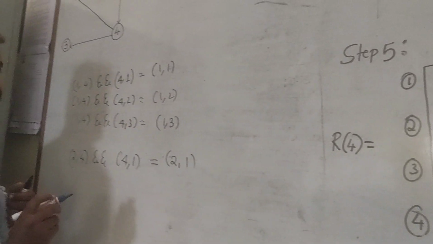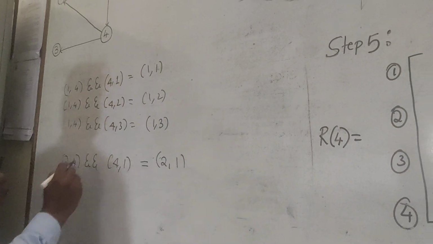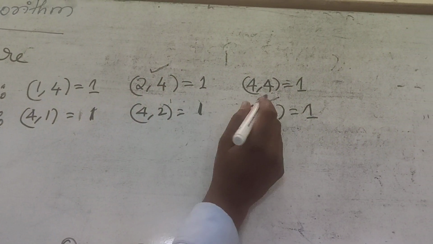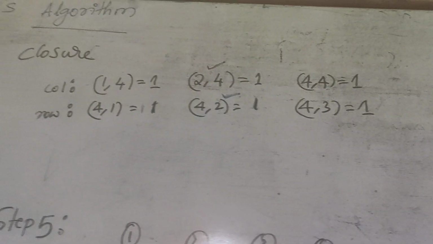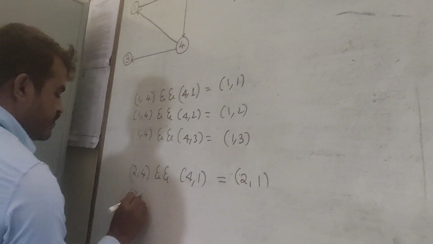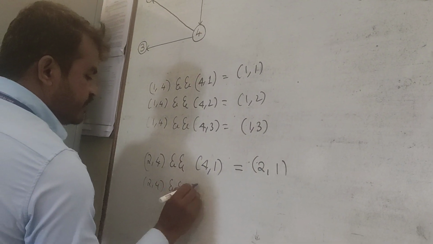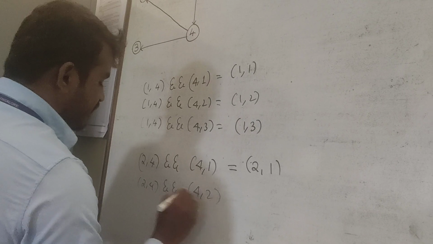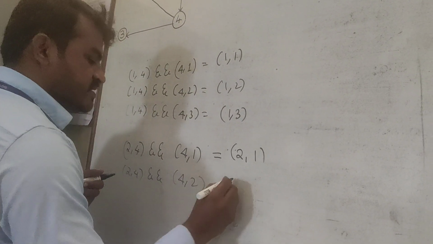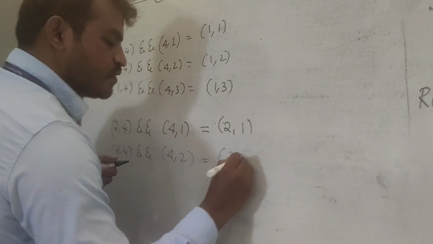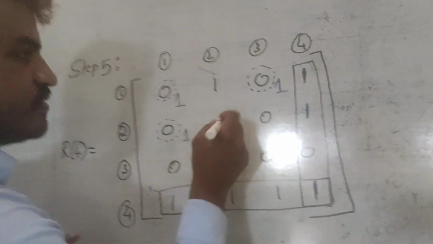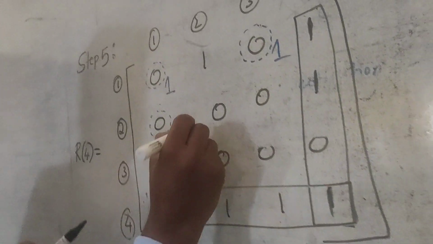Next one: 2 to 4 and 4 to 2. There is a path existing, so you can say there is a path 2 to 2. What is 2 to 2 here? It is 0.